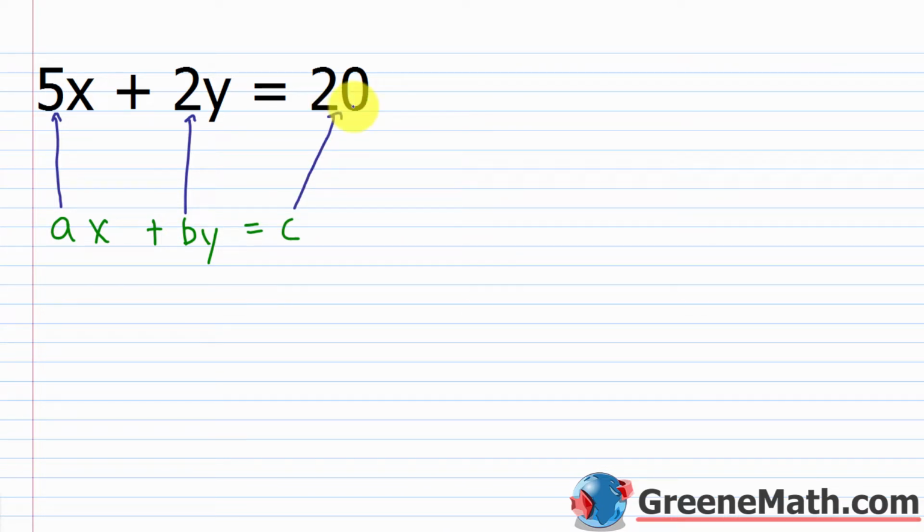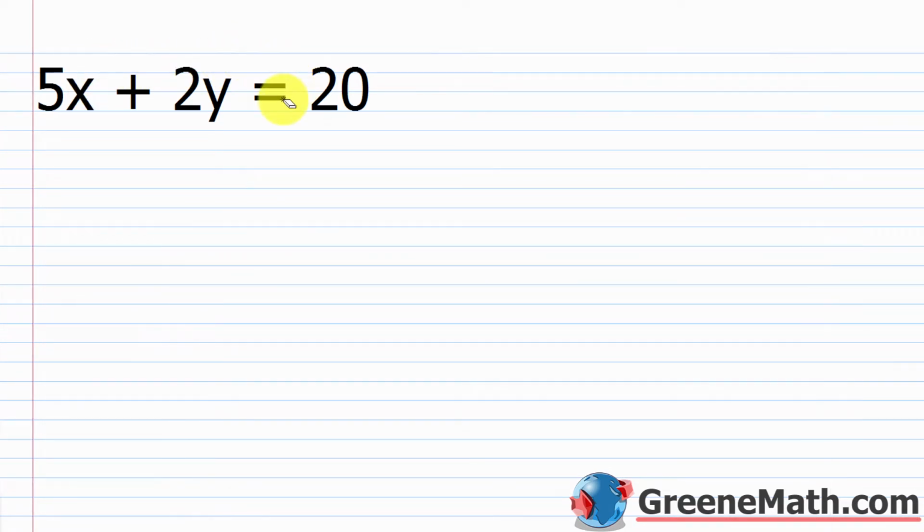Another key point is that the exponent on each variable is a 1. So I have 5x to the first power plus 2y to the first power equals 20. I would not have a linear equation if the exponents here were something like 2 or 3, for example.